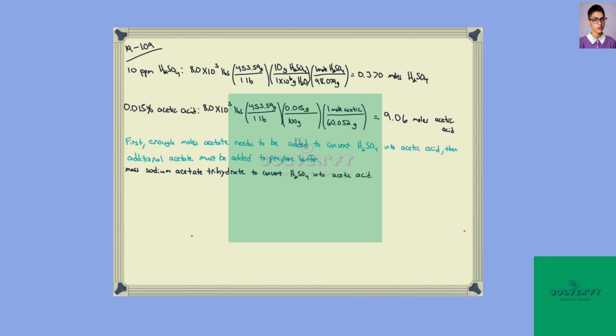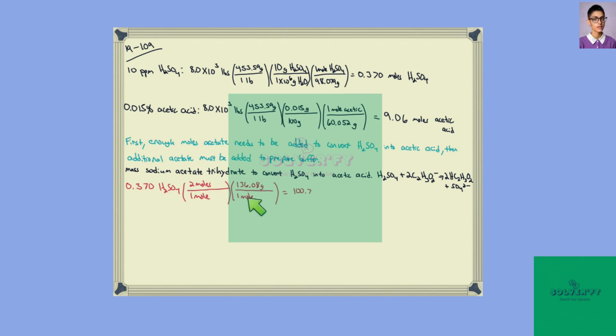So the mass of sodium acetate trihydrate that is needed to convert all of this into acetic acid based on this chemical reaction will simply be equal to the moles of sulfuric acid that I have, recognizing I need 2 moles of acetate for every 1 mole of sulfuric acid. And then this will give me moles of the acetate required.